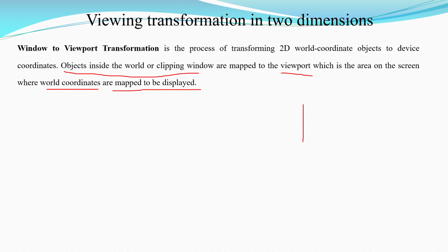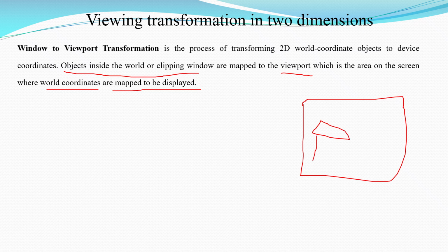Suppose this is your window, and this is your given image. With the example it will be clear to you. This is a window, and for that we have the coordinates x, y.